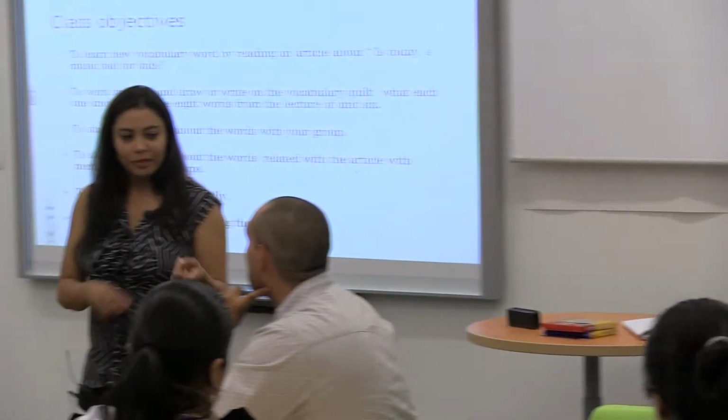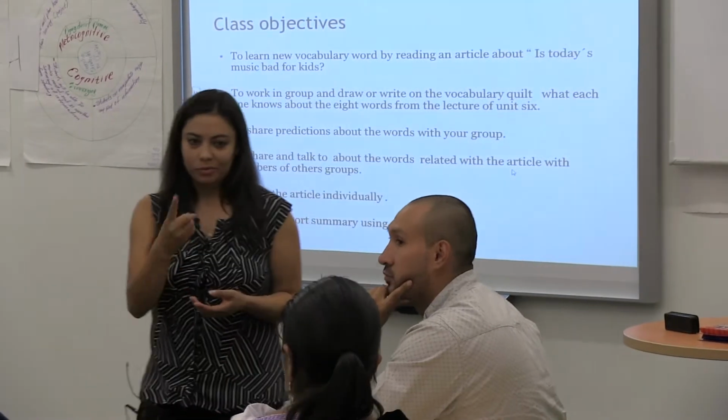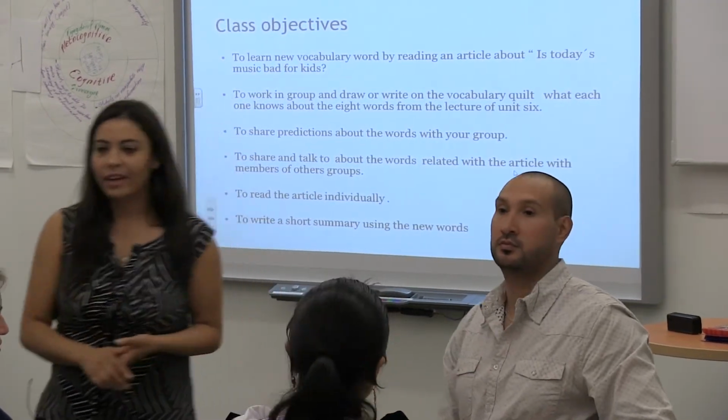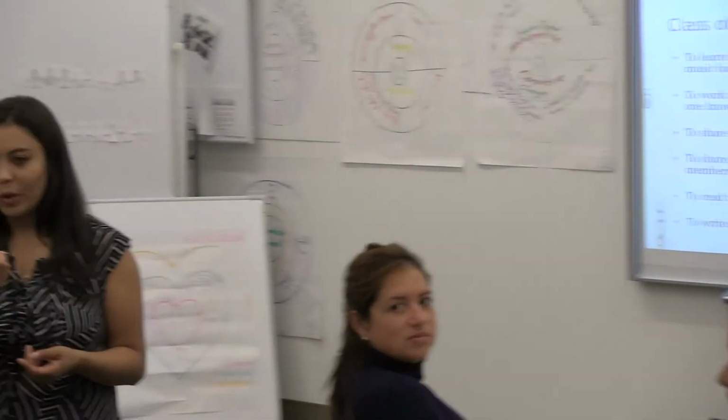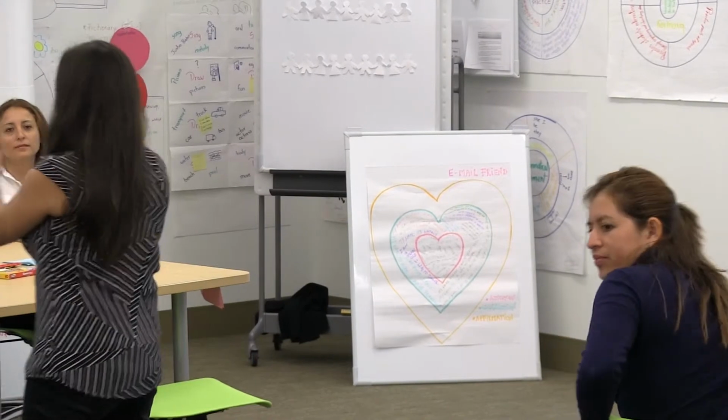Please number off 1, 2, 3, 4. Number 1, Freddy, 2, 3, Paola, 4, 1, 2, 3, 4, 1, 2, 3, 4, 1. Okay, number 1, please, you are going to work here, number 2 here, number 3 here, and number 4 here. Thank you.